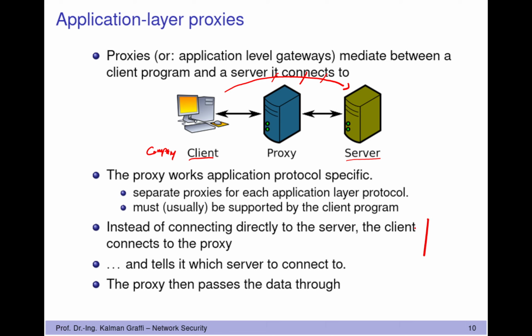So you have to go to the proxy. You have to tell which server you want to connect to. This is typically all configured in the browser, and the proxy checks whether you are allowed to do it or not. So it can apply some kind of application layer filtering. Let's say you also have an email server and a proxy associated to it.